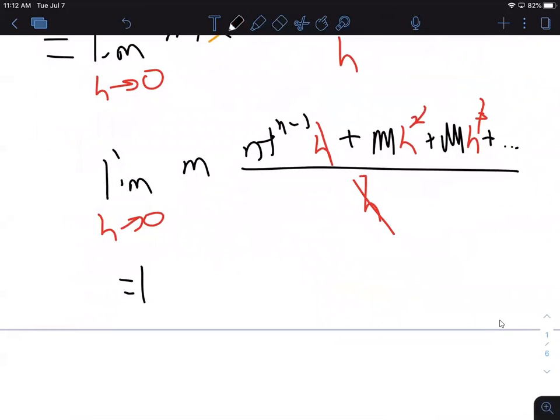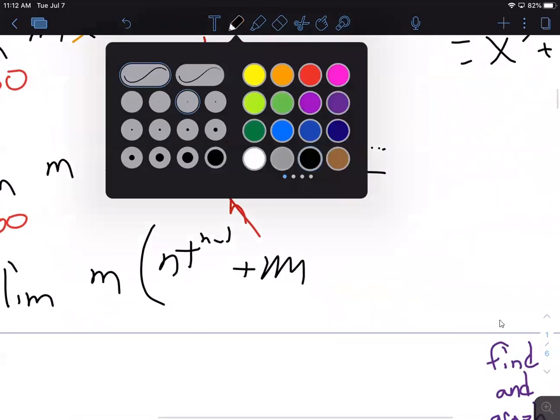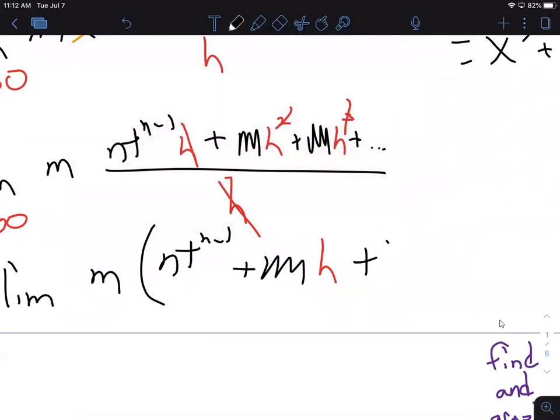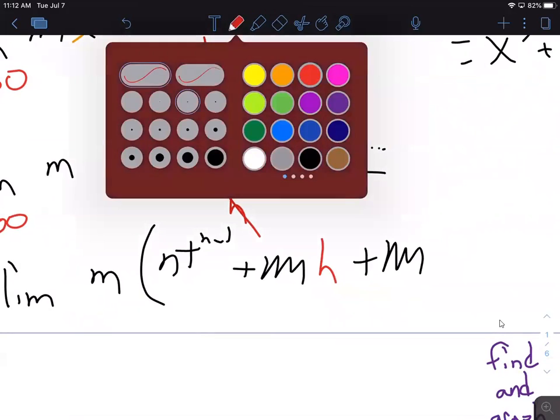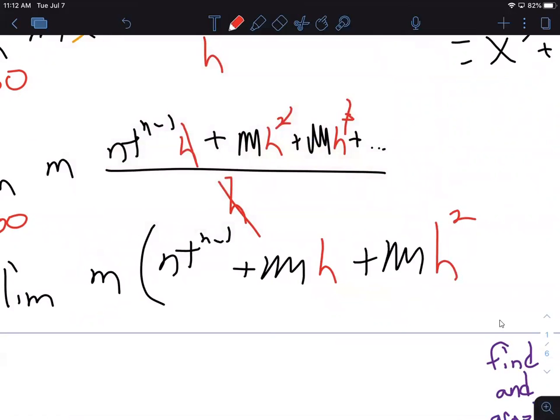That's going to get us our last expression here. So I have n t to the n minus 1 plus some stuff times h plus some other stuff times h squared and so on.